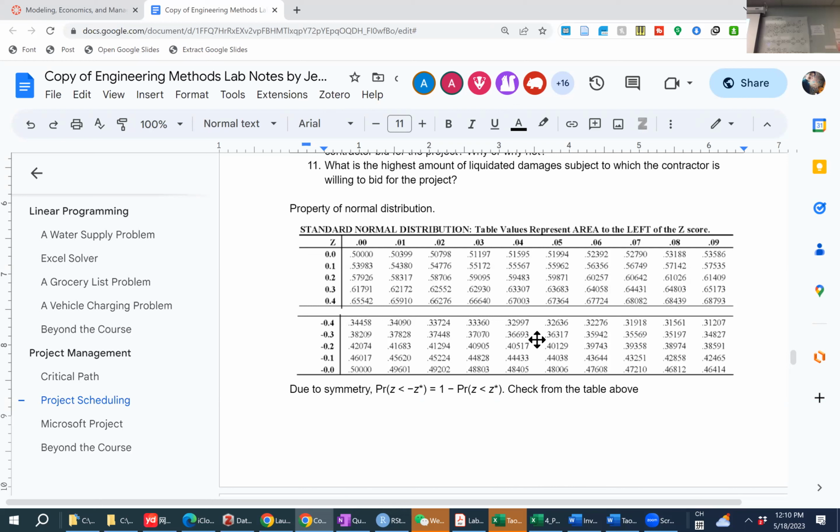So if we are given only half of the z table, either the positive half or the negative half, we can derive the rest, because the rest can be calculated as 1 minus the other side. Okay, any questions regarding how we calculate probabilities?